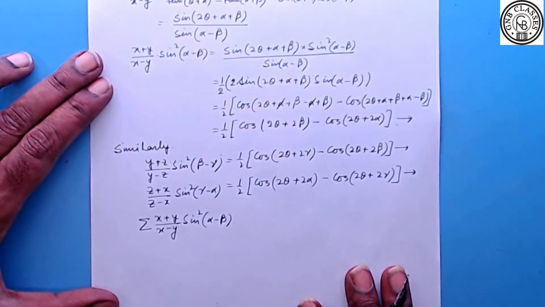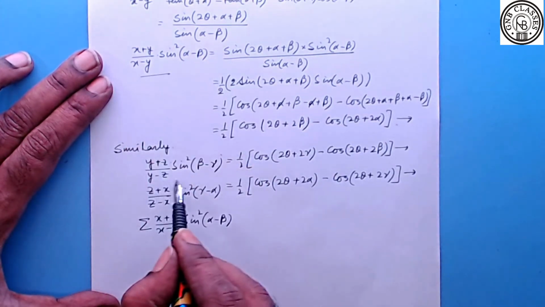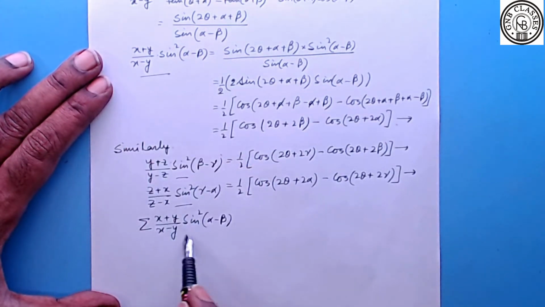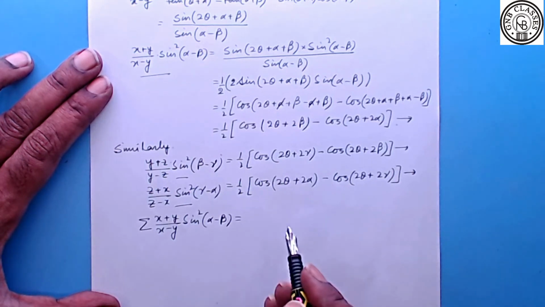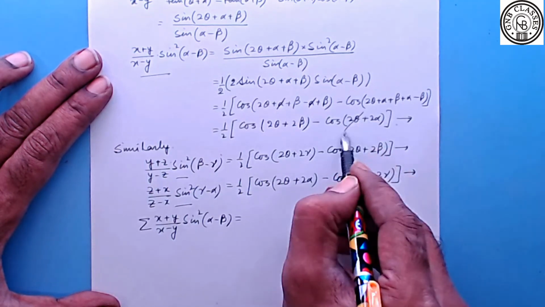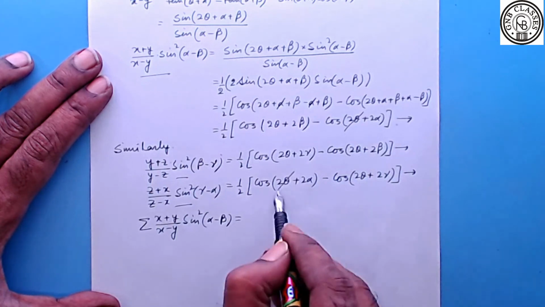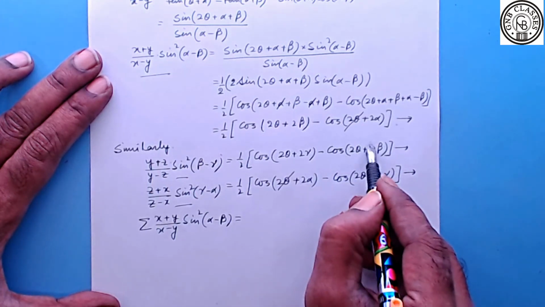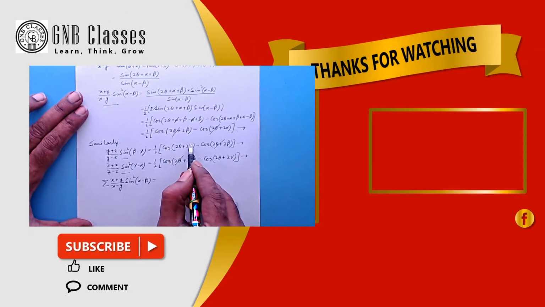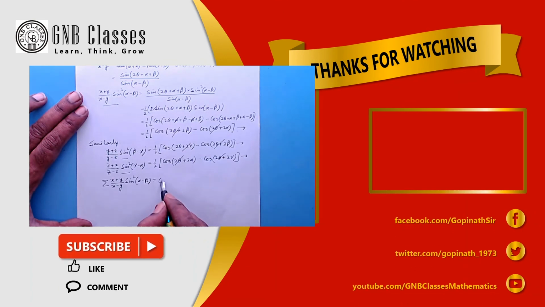I'm not writing this plus this plus this, which will give you exactly the same thing. Now in the right hand side, if you observe, you will find that this one goes off, this one goes off, and this one goes off. So your right hand side will be nothing but 0. Is it clear? Hence proved.